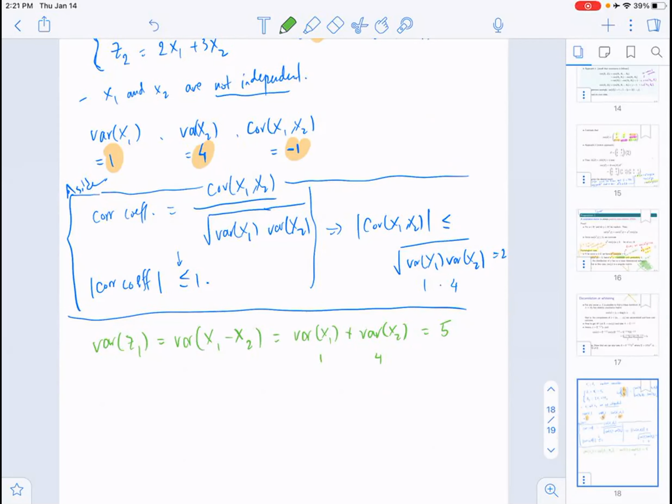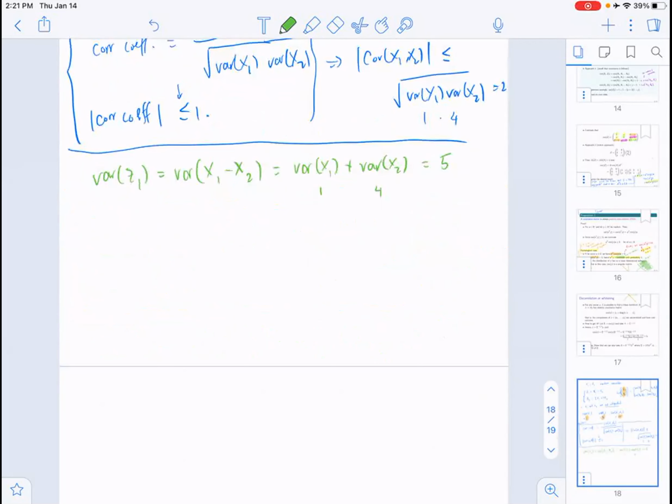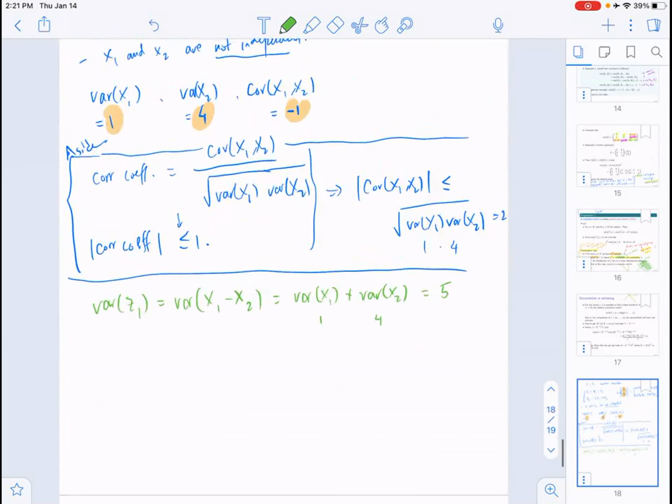How can I say that this is not okay? So let's say this is not okay. This is the first thing that you would do.